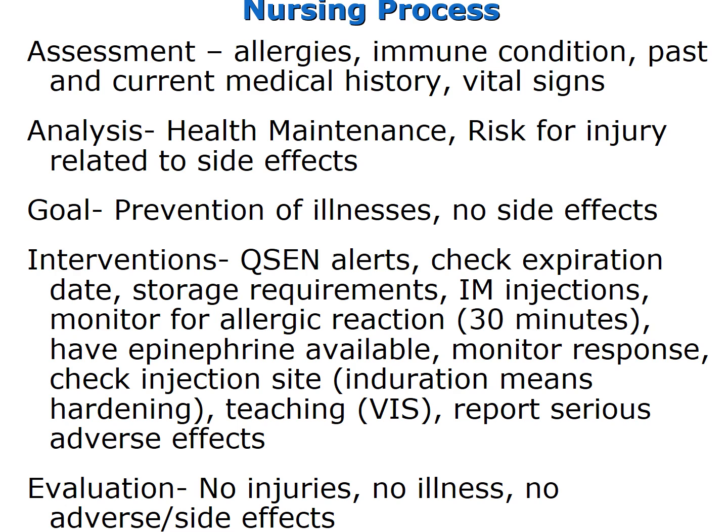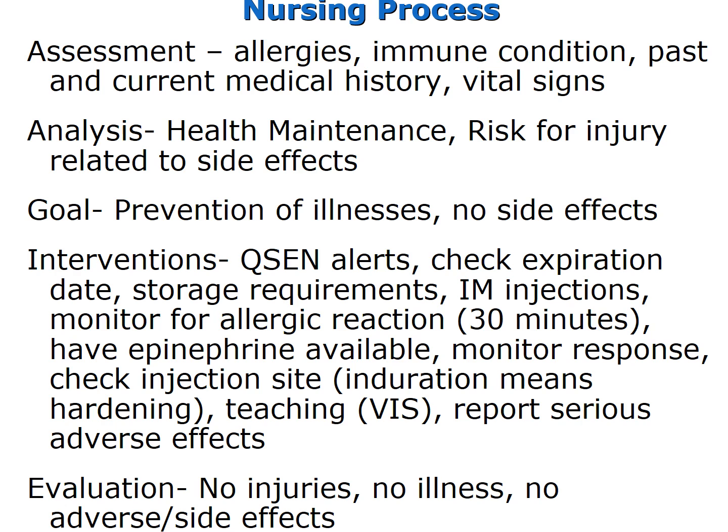Okay, so our nursing process, which you've learned a little bit about. Our assessment's going to involve first checking about allergies and what is their immune condition. Are they healthy? What's their past medical history and current medical history? Have they had cancer, HIV positive? Things like that are going to have to be looked at. And of course, we're going to have to do vital signs.